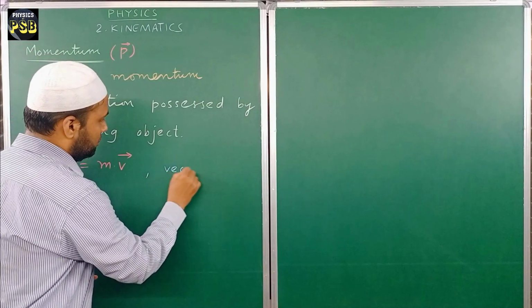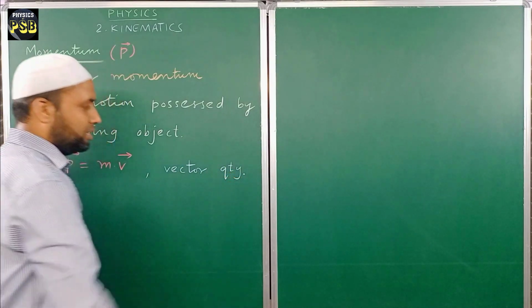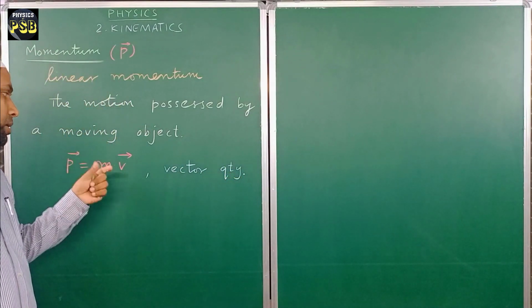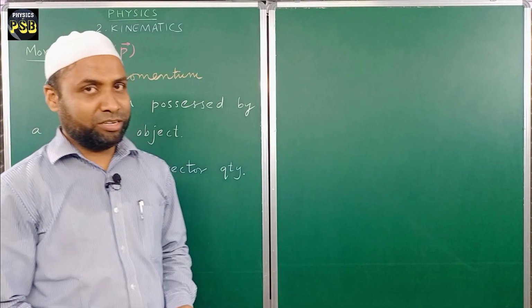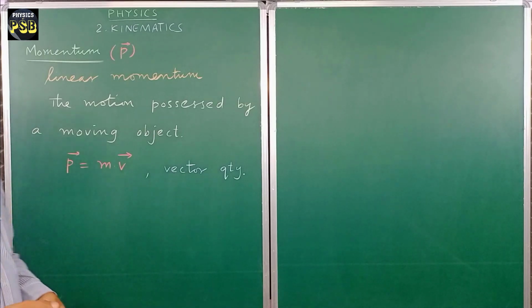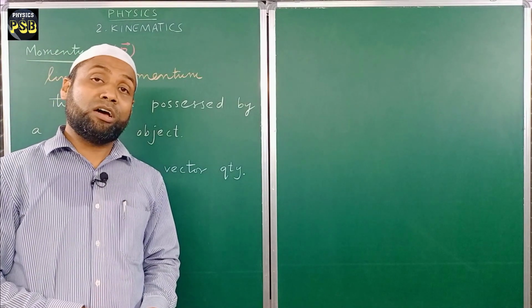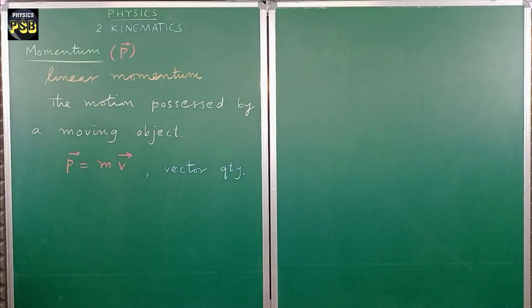Vector quantity means it possesses both magnitude and direction. If this vector quantity is taken in a Cartesian coordinate system, then it is resolved into its components.